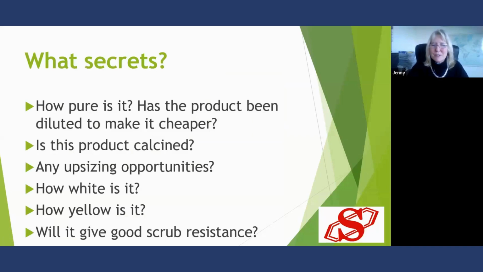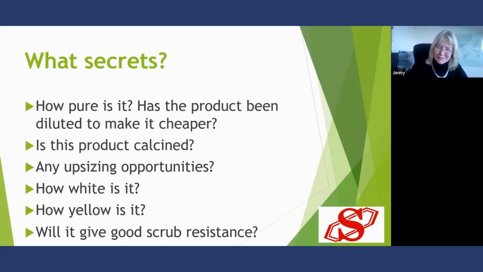So these are the secrets we've discussed that you can get out of your data sheet. How pure is the product, and has it been diluted to make it cheaper? Look at the chemical composition. Is it calcined? Look at the LOI, loss on ignition. Are there upsizing opportunities?